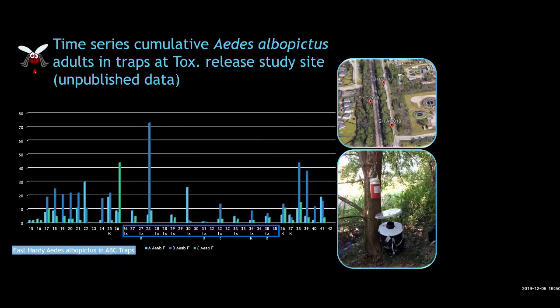Those are laboratory grade traps that Biogents in Regensburg, Germany produces. Those are made specifically for Aedes surveillance, and that red cooler above the trap setup releases carbon dioxide.